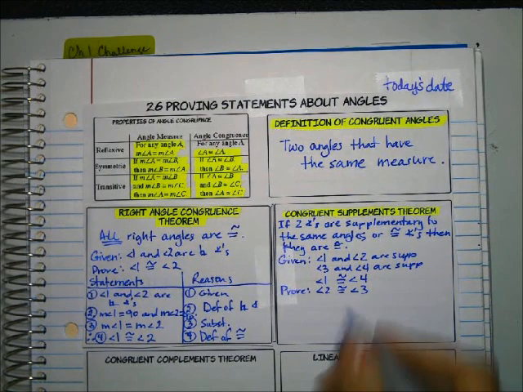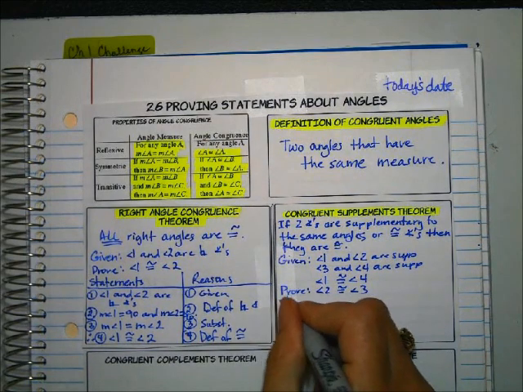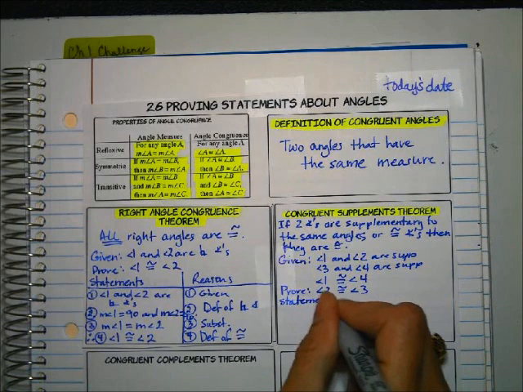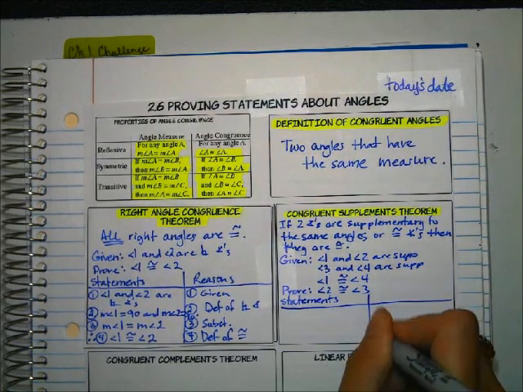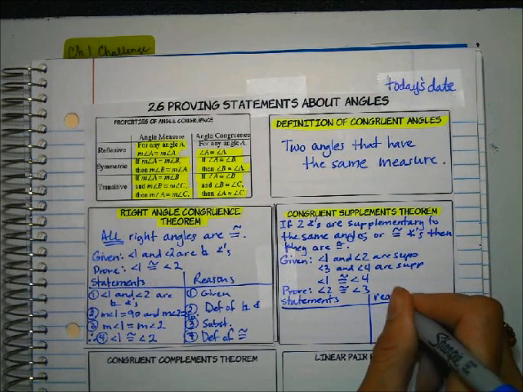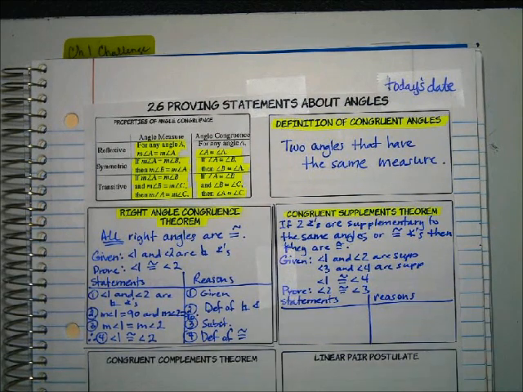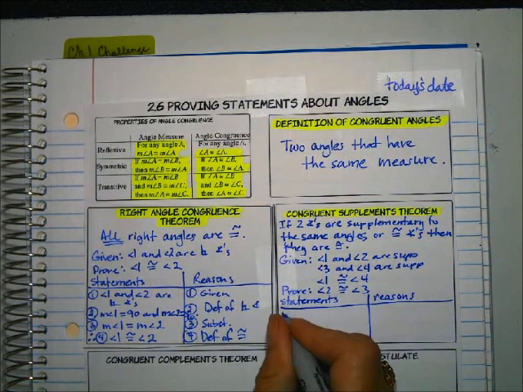Alright, so here we go. We're going to have to write really small because this is a lot. Got your statements and your reasons. Alright, number 1, just to save space, is all you're given.